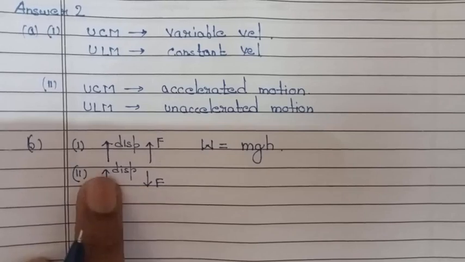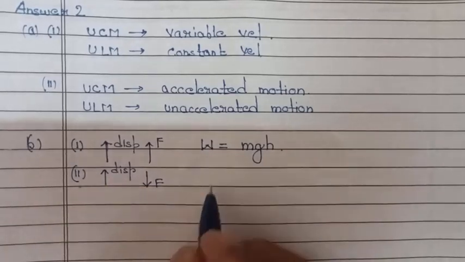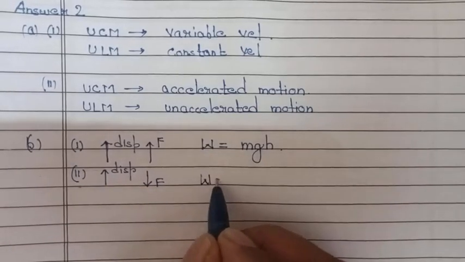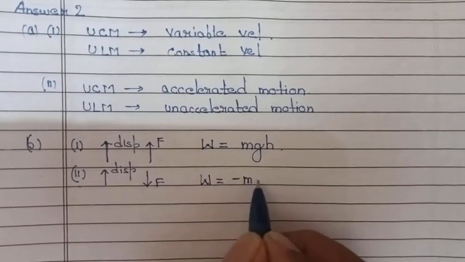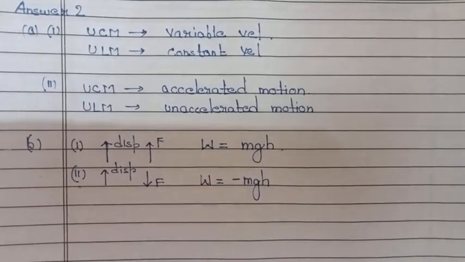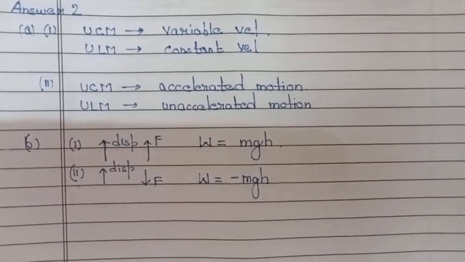So force and displacement are in opposite directions, and work done will be minus mgh. This way we can calculate work done by the force of gravity.